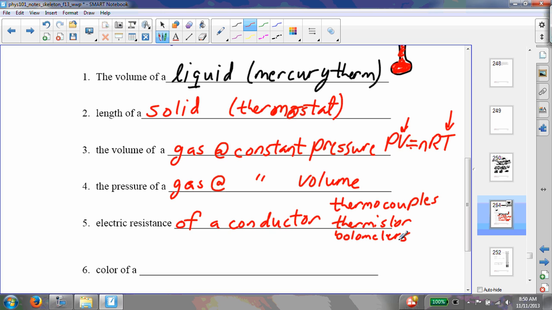Their electrical properties change as their temperature changes. For example, a thermistor is like a resistor, but it's thermally sensitive. So when the temperature changes, the resistance of that device changes. You can also look at the color of a very hot object. We do this with stars. For example, a blue star is a lot hotter than, say, a red star.